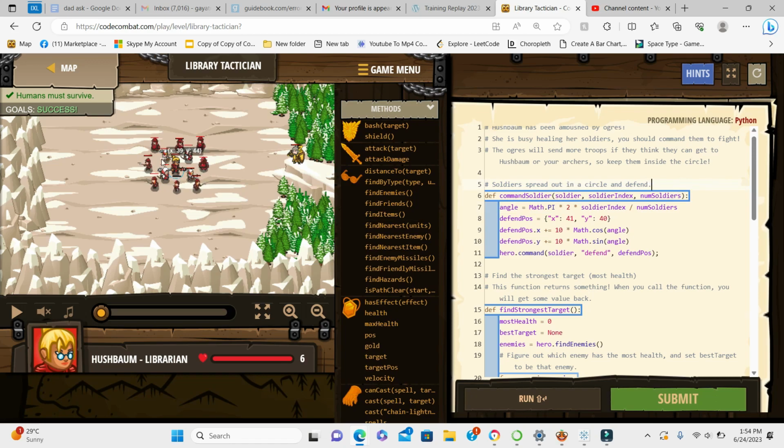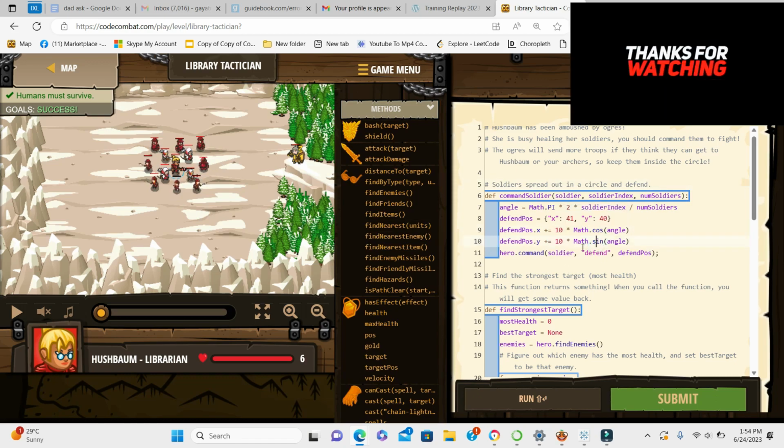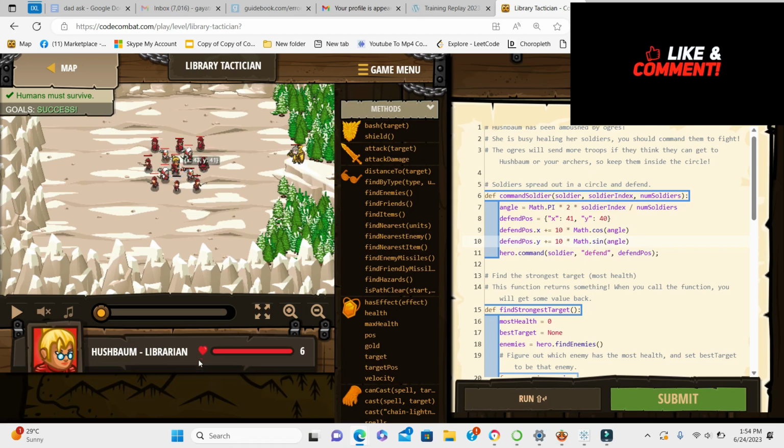For example, we have 6 soldiers, and 360 divided by 6 is 60. So everyone will be at the 60 mark, creating even distance. And then you use math.cos and math.sin to get the defend position, which is on the circle around the center.